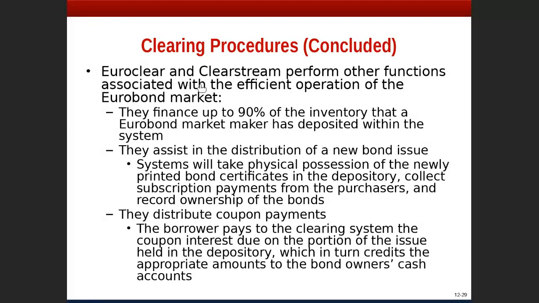Euroclear and Clearstream perform other functions associated with the efficient operation of the Eurobond market. For example, they finance up to 90% of the inventory that the Eurobond market maker has deposited within the system. They assist in the distribution of a new bond issue. The systems will take physical possession of the newly printed bond certificates in the depository.